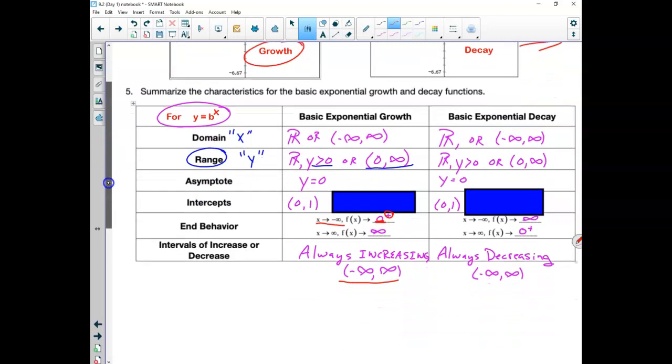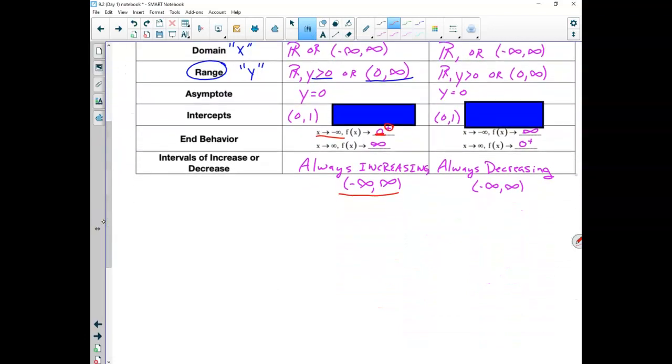And the last thing I want to talk about here quick is intercepts, because if I have y equals some number a times b to the x, and I'm thinking of intercepts, I only have a y-intercept, and I better clarify that. It's a y-intercept. These guys don't have x-intercepts.